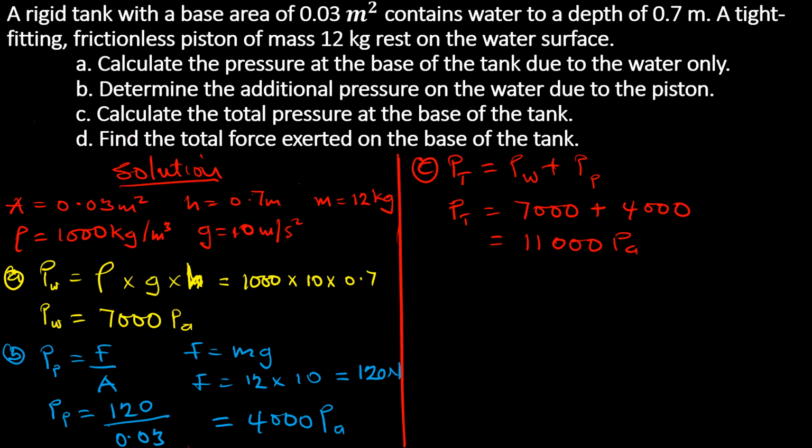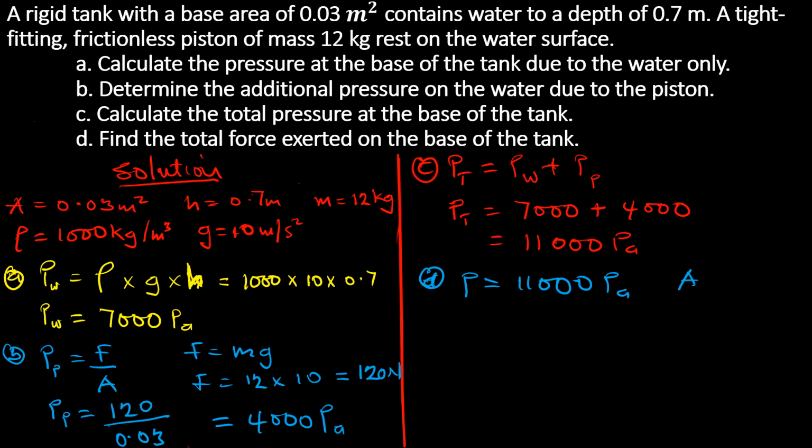question D. So D, find the total force exerted on the base of the tank. So we know the total pressure on the base of the tank to be 11,000 Pascal.